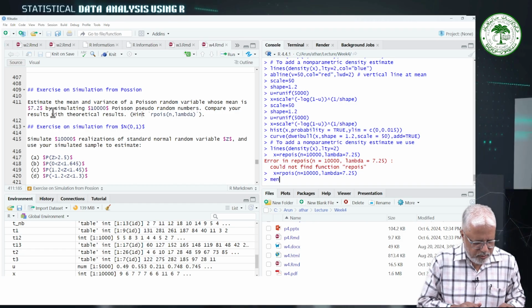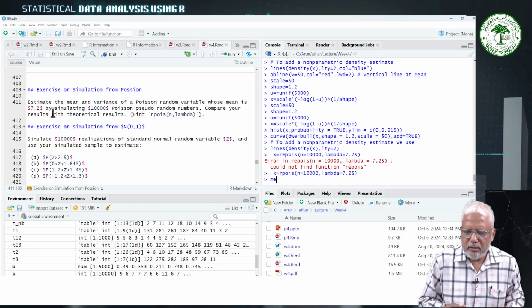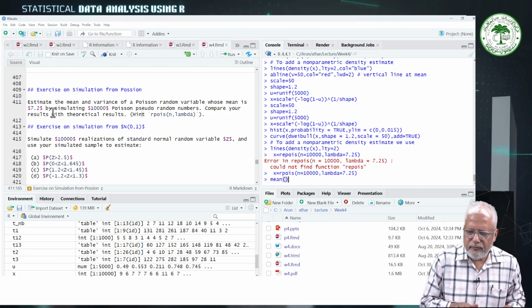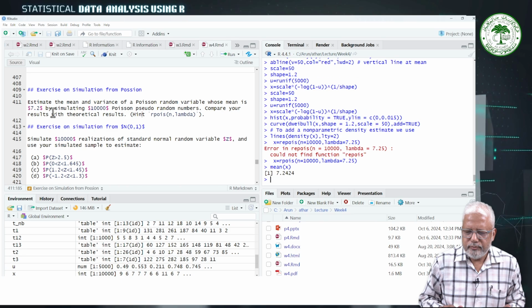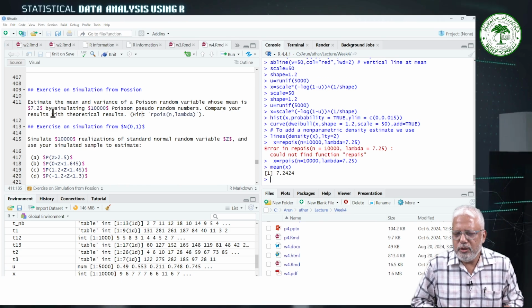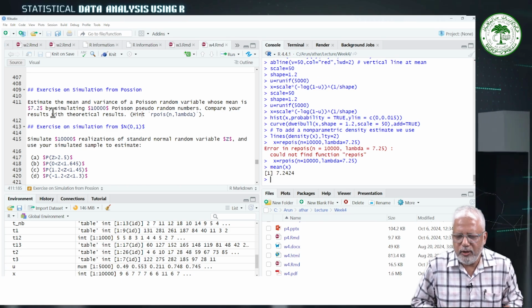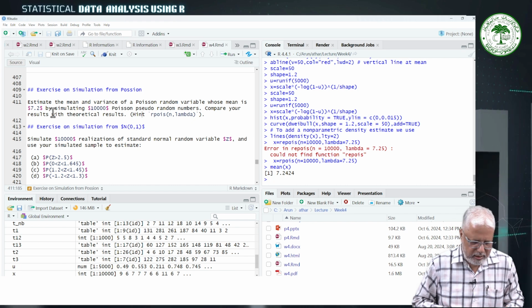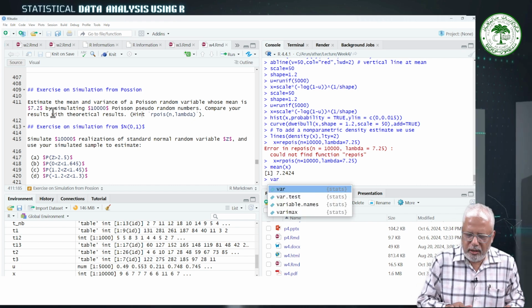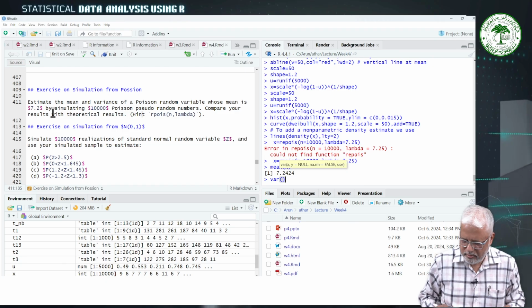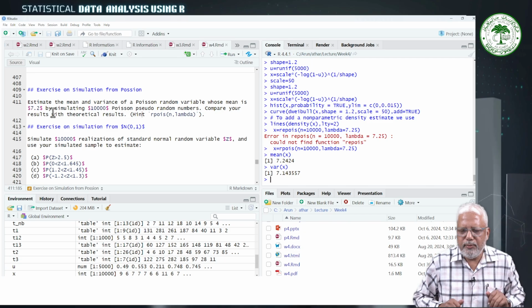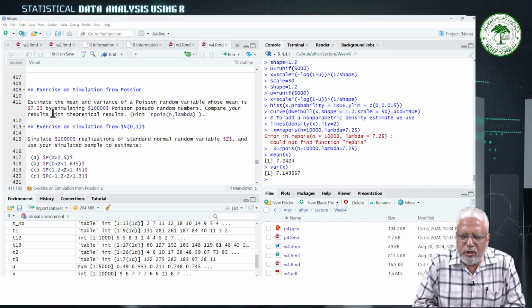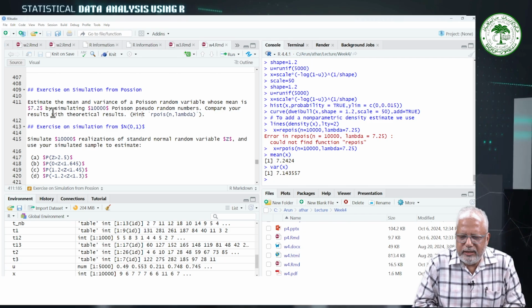And then if we compute the mean of x, it is 7.24, which is very close to 7.25. And then the variance of x is 7.14, so it is also very close to 7.25.